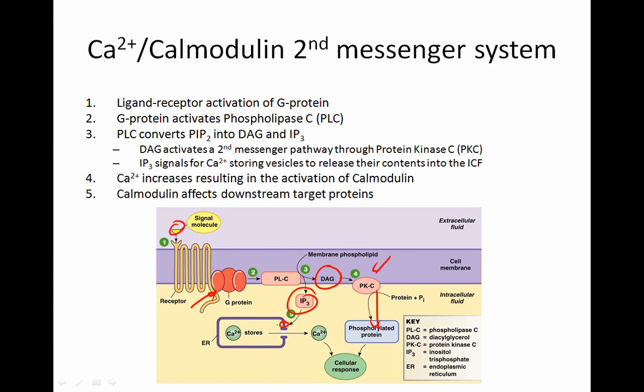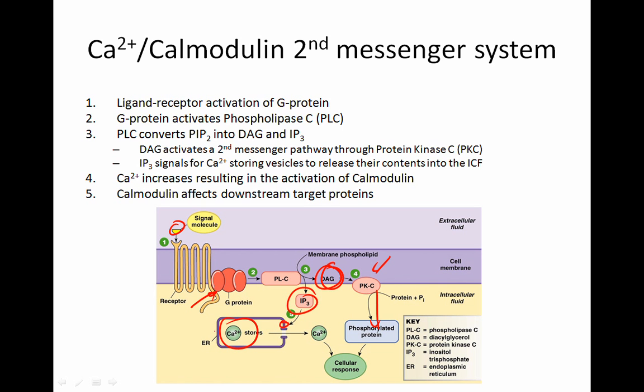Calcium is released into the cell. Calcium binds to a molecule called calmodulin. Calmodulin is like protein kinase A, and it causes a bunch of changes in cellular activity. So in this system, we have two different messengers: DAG and calcium.